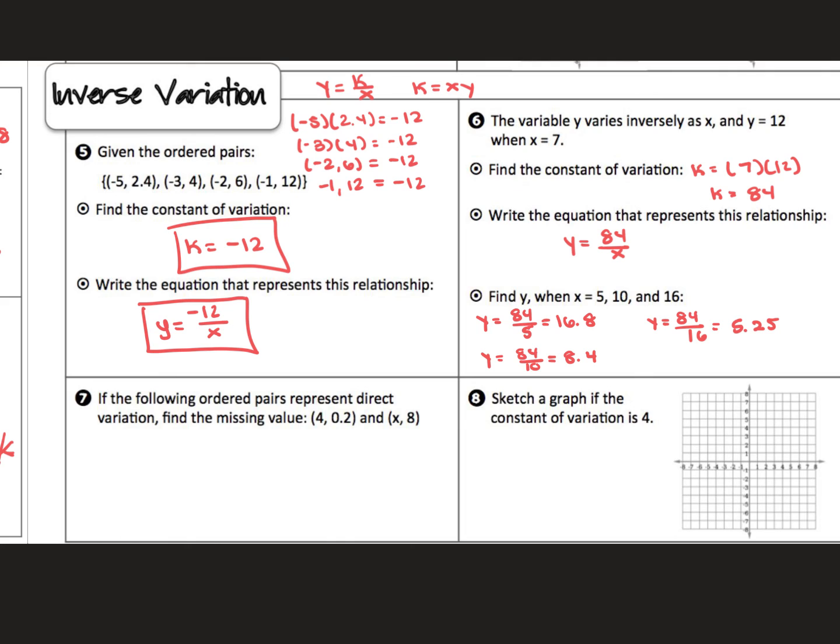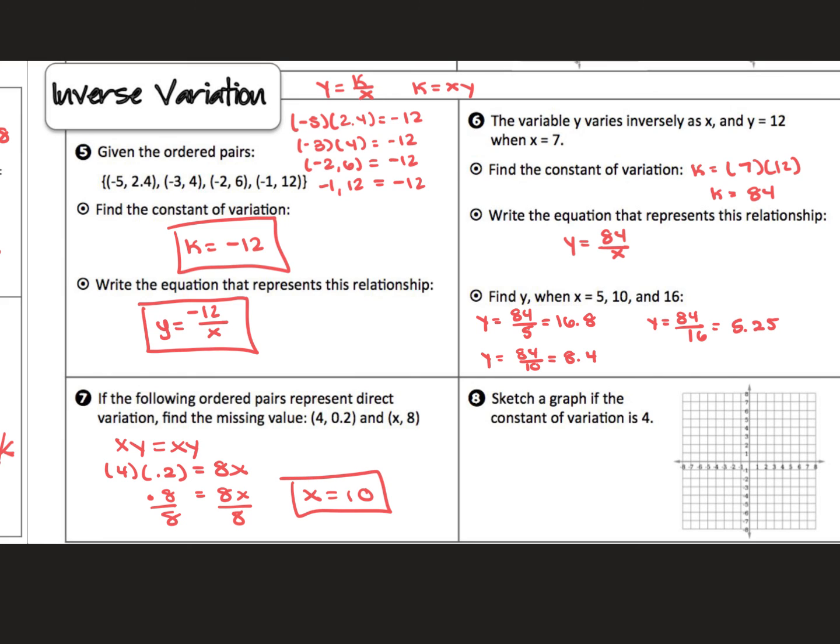We're going to do the exact same thing, except we're using x times y equals x times y. So we have our x value of 4 and our y value of 0.2, and that is equal to 8 times x, because we're looking for x. 4 times 0.2 gives me 0.8 is equal to 8x. Divide both sides by 8, and we get that x is equal to 0.1.